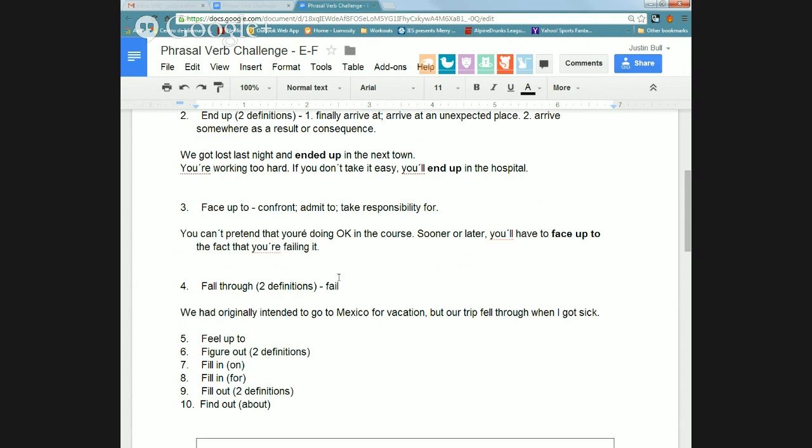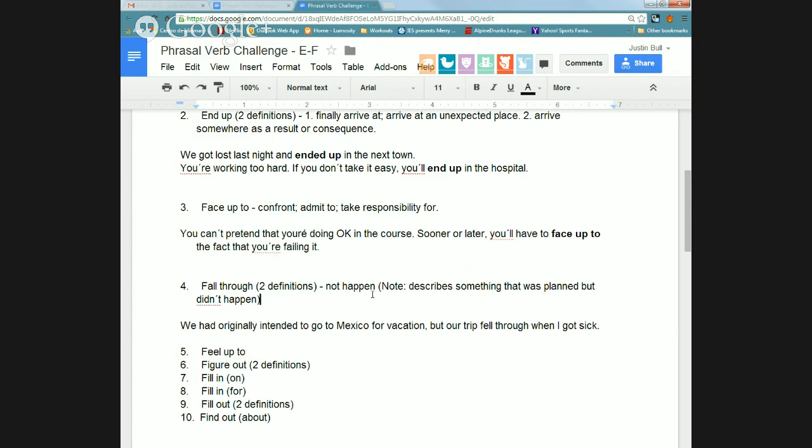What do you think in that context? Cancel it. Yeah, kind of. Not happen. And this is an important note. It describes something that was planned but didn't happen.